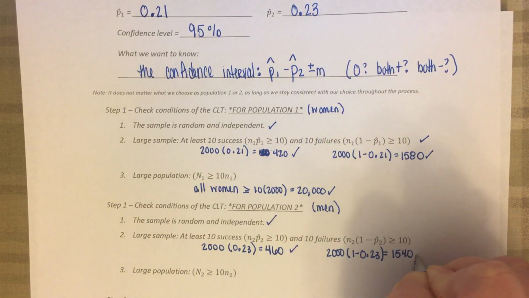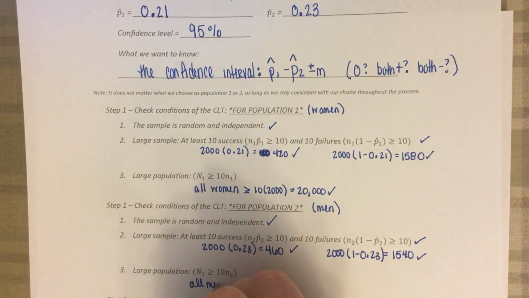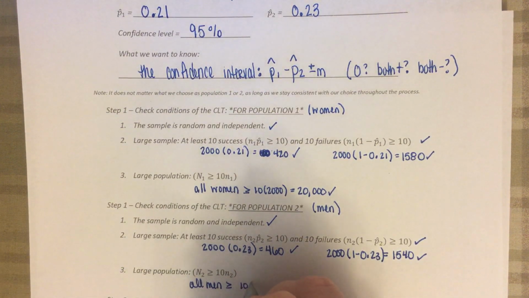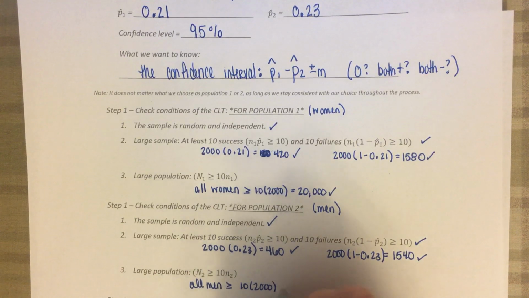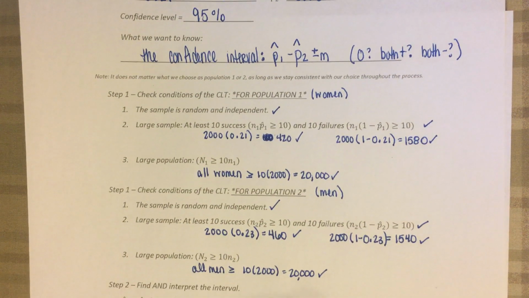Both of these are larger than 10. Then all men must be greater than or equal to 10 times 2,000, which is 20,000. Well, that is also true. So our conditions are satisfied for both of our populations.